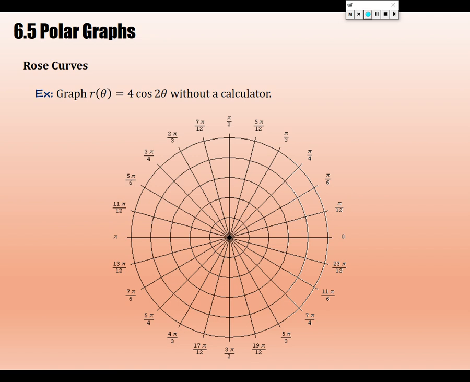You want like a polar grid? Yes, please. I got this like graphic thing.